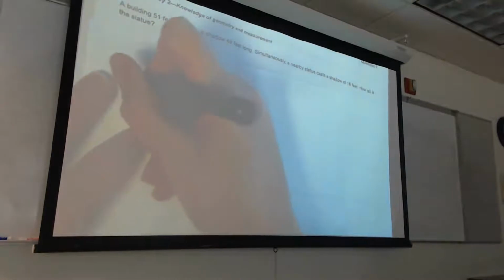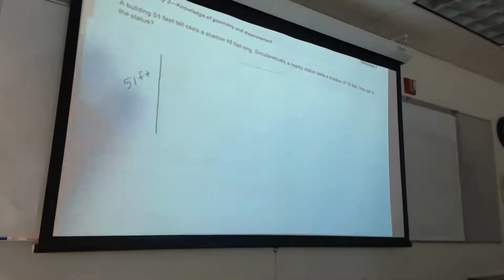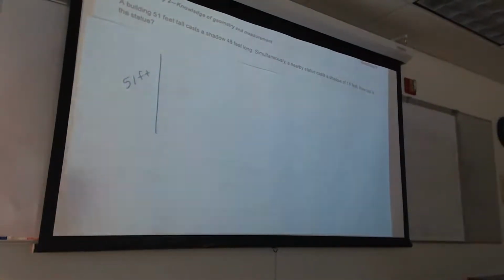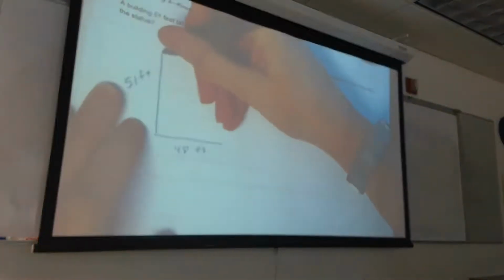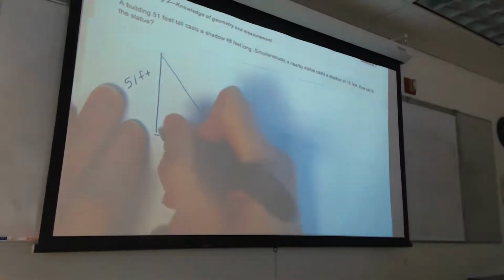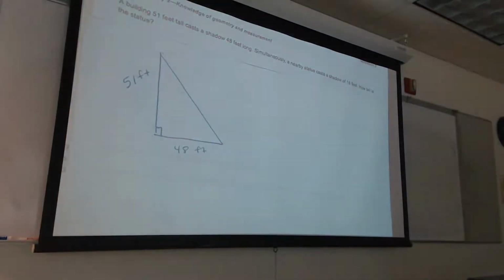So I'm just going to draw it. I've got a building, and my building is 51 feet tall and its shadow is 48 feet. I'm just going to draw a little triangle. It doesn't really matter, but it's a right triangle. So I've got my building, my shadow.